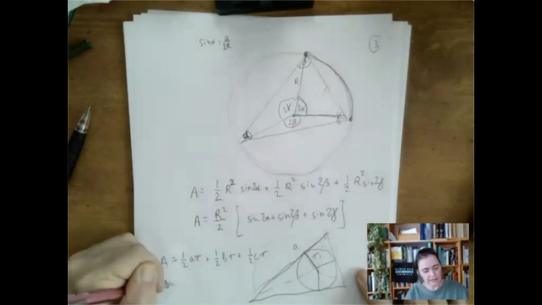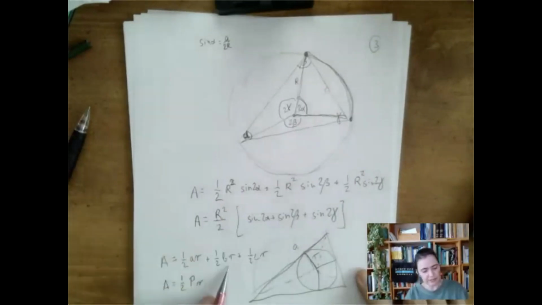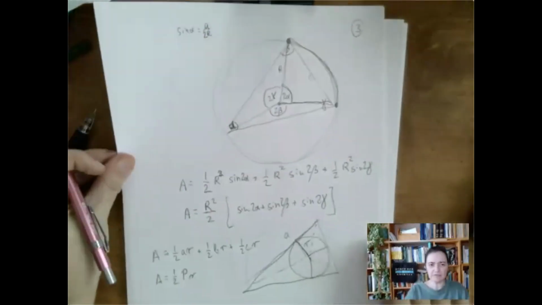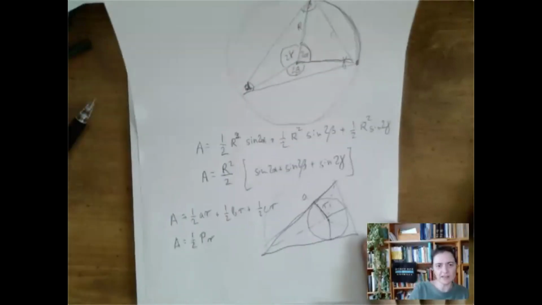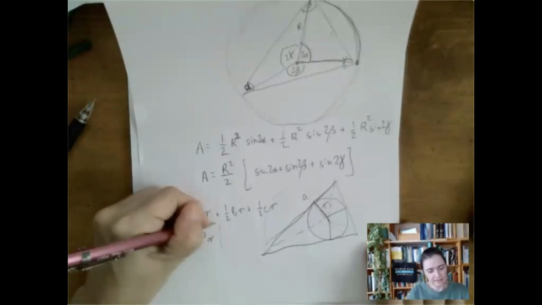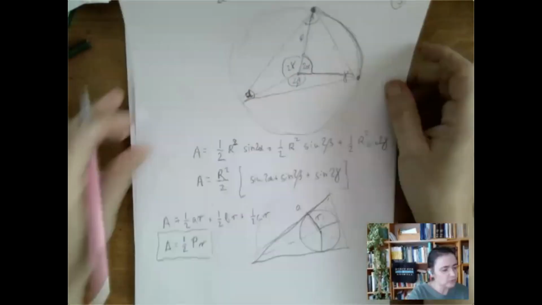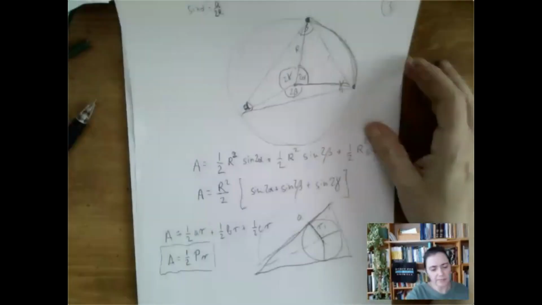So the area is 1/2 times the perimeter times r, because if we factor out r and half, we get a plus b plus c. So there is some similarity here. We're looking at the area as a sum of 3 triangles, and we're exploiting the fact that the radius is the same all over the place. I think these are both pretty intuitive once you get over this formula.